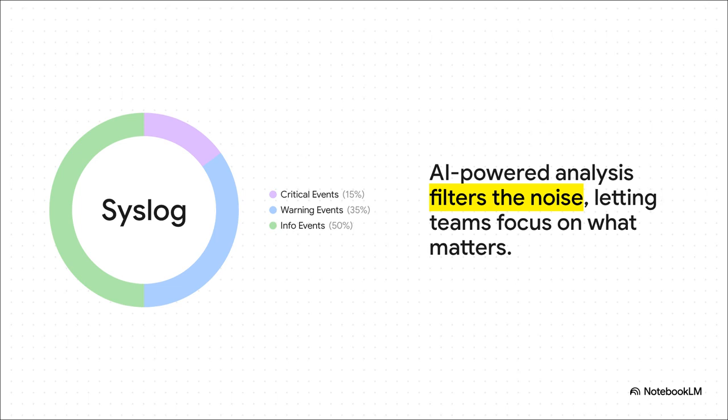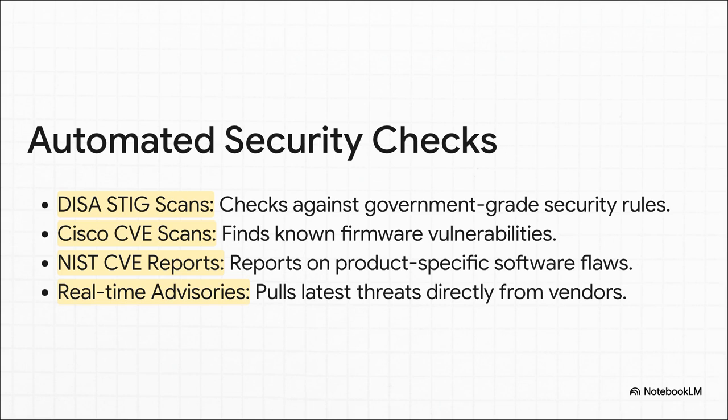So instead, you use AI-powered analysis to filter it all out, letting teams ignore the 50% of logs that are just informational and focus only on the critical and warning events that actually need their attention. This whole approach shifts security from being reactive to being proactive. The platform is continuously scanning devices against tough, government-grade security standards. It's checking for known vulnerabilities from official reports. It's like having an automated security guard on duty 24/7.